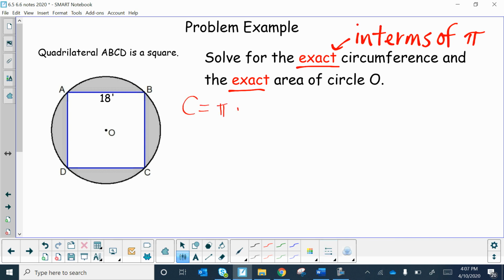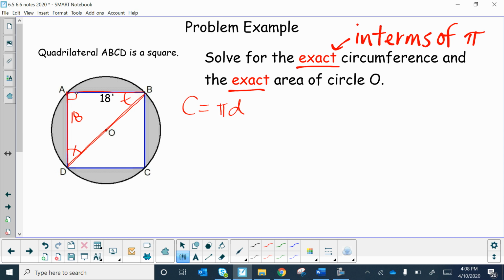So let's find the circumference first. Circumference is pi times diameter. I don't see a diameter, but if you draw in a diameter right there, then we can perhaps solve for it. So it does say ABCD is a square, so this is 18 over here. And then this diameter right here is the part of a right triangle. This right triangle is a special right triangle.